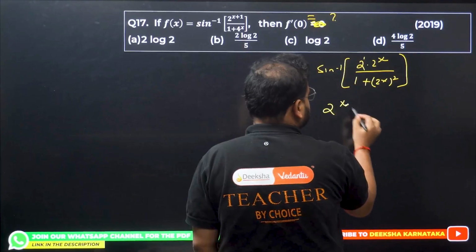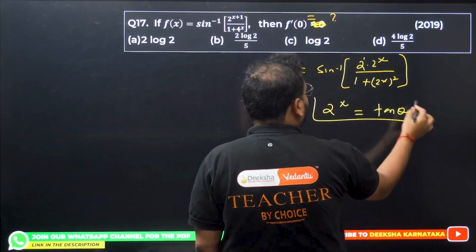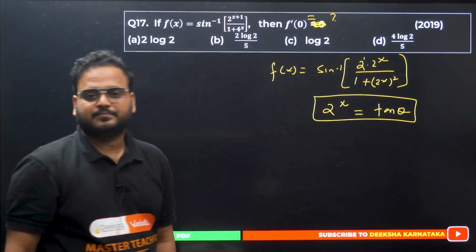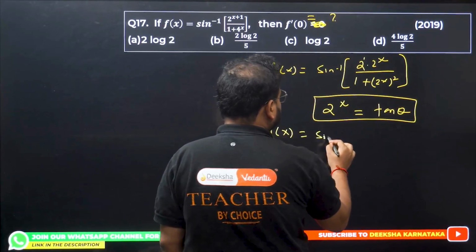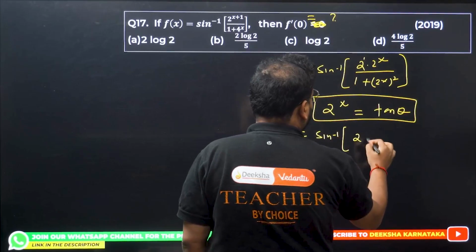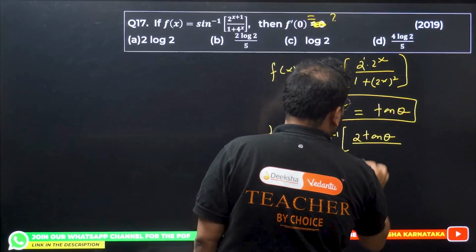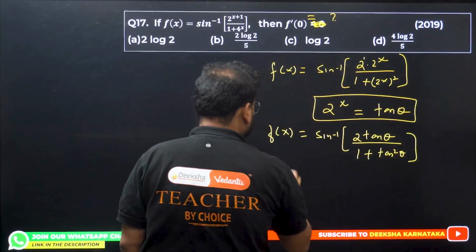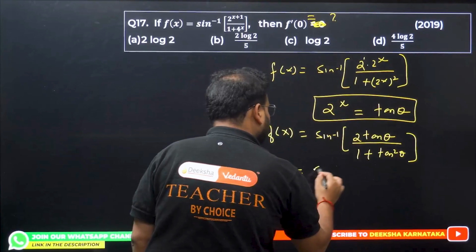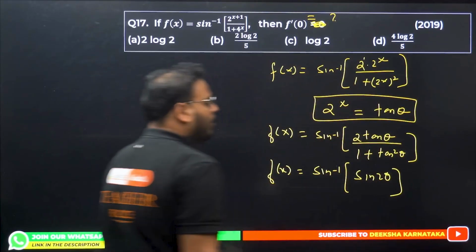Next is substitution, 2 power x as tan theta. Sine inverse of twice tan theta upon 1 plus tan square theta. Now this here is nothing but the formula for sine 2 theta. All of you should know this.